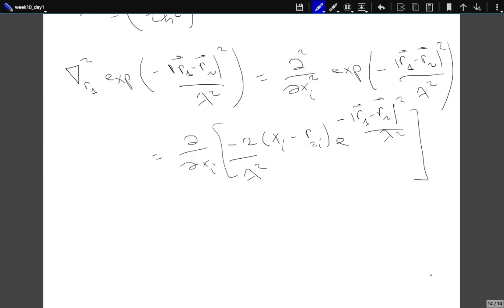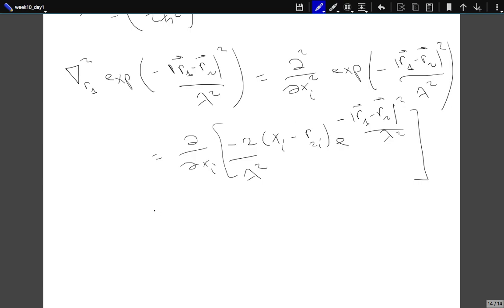When I take the second derivative with respect to xi, there are two terms I have to differentiate: first, the overall factor xi minus r2i, then the exponential. But keep in mind that I will eventually set r1 equal to r2. If I don't differentiate the first term, when I set xi equal to r2i, that term will just give me 0. So the only contributing term eventually will be from differentiating the first factor.